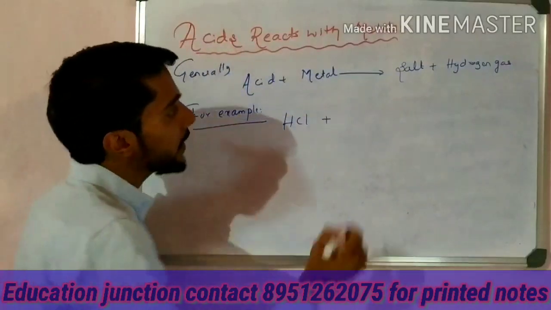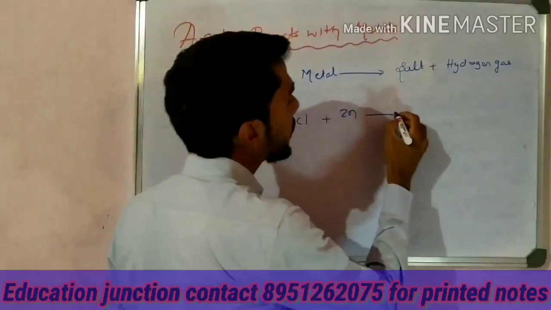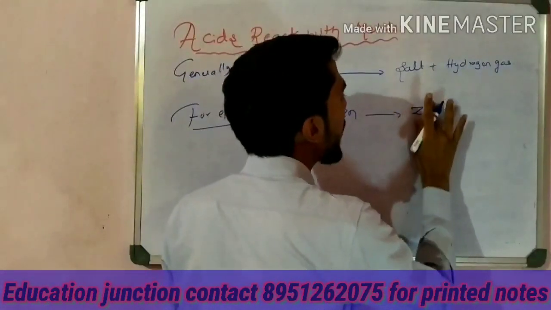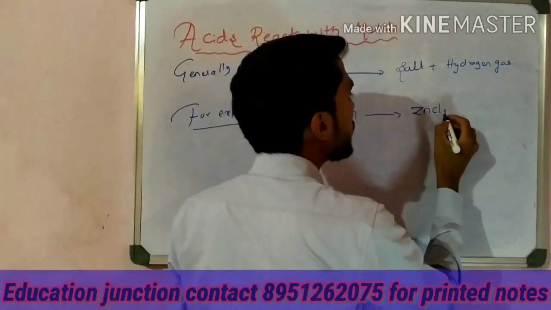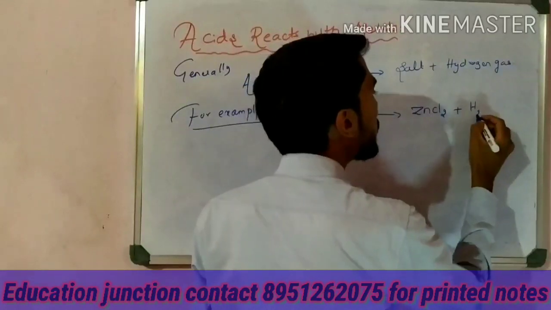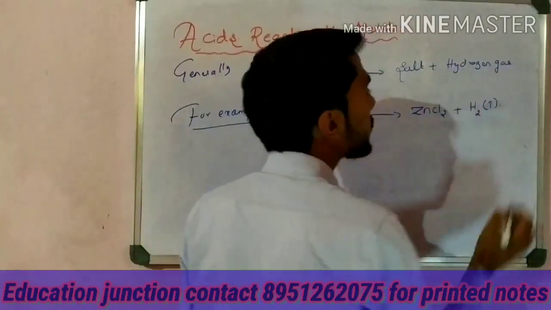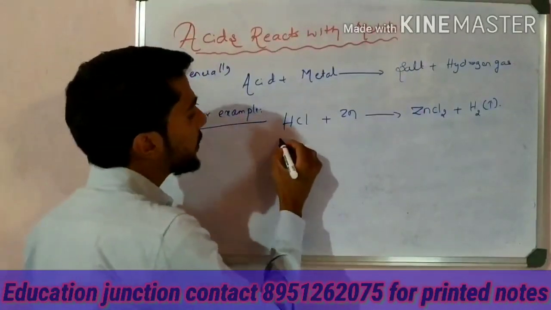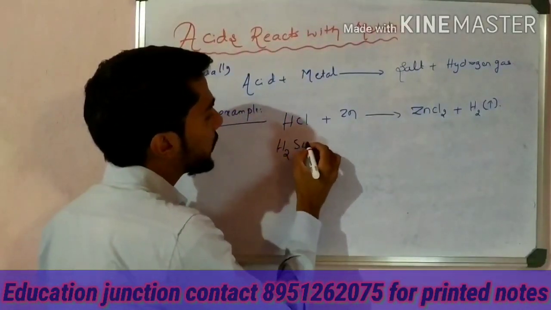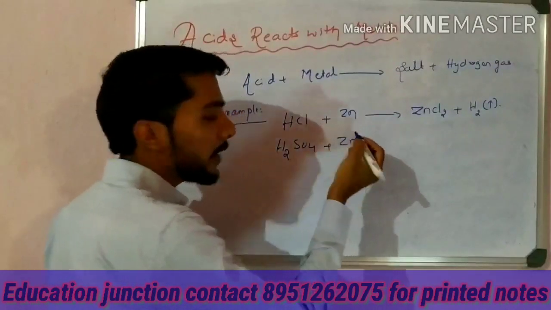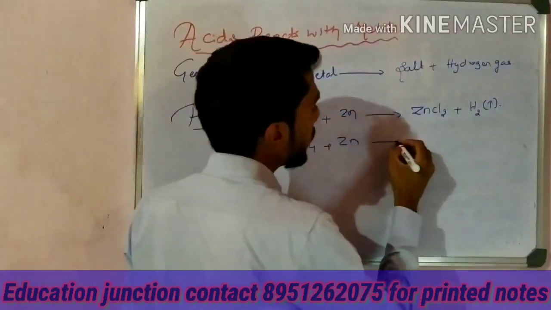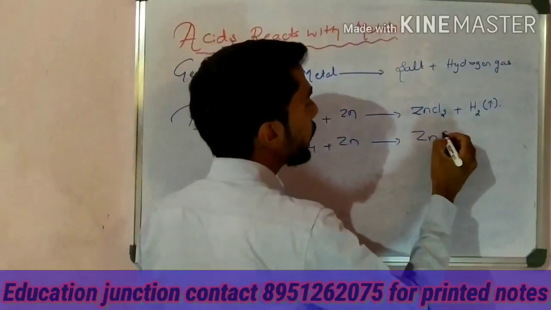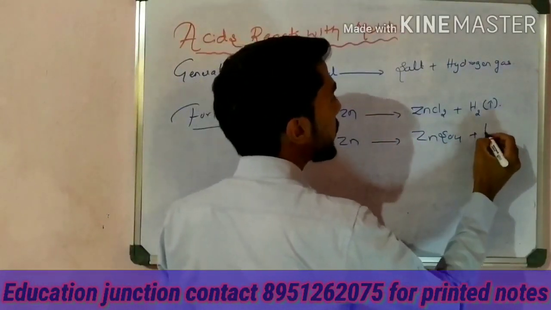When HCl reacts with the metal zinc, we observe that the salt zinc chloride is formed, with formation of hydrogen gas. Hydrogen gas is released. Next take another example, H2SO4, another acid, again with the metal zinc. When zinc reacts with H2SO4, the salt ZnSO4 is produced, plus H2 gas is liberated.